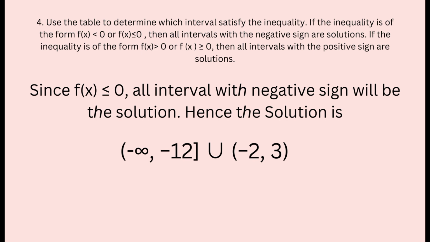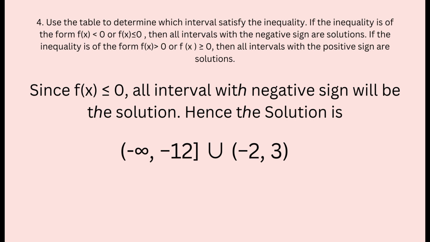If the inequality is of the form f of x less than 0 or f of x less than or equal to 0, then all intervals with a negative sign are solutions. If the inequality is of the form f of x greater than 0 or f of x greater than or equal to 0, then all intervals with the positive signs are solutions.